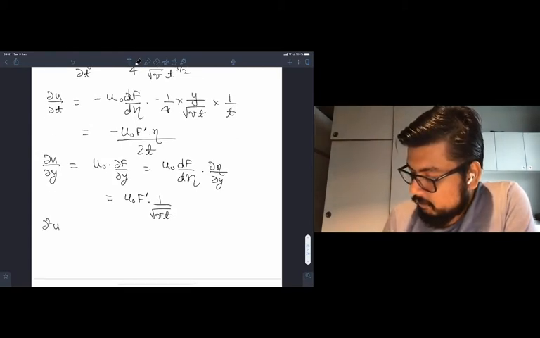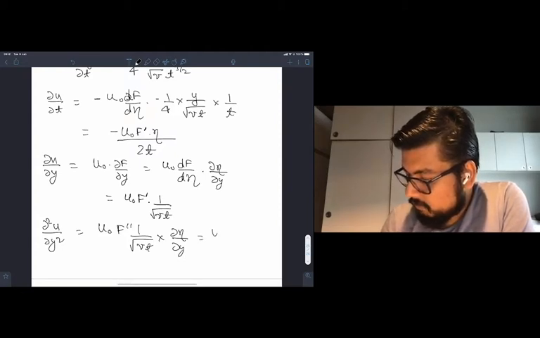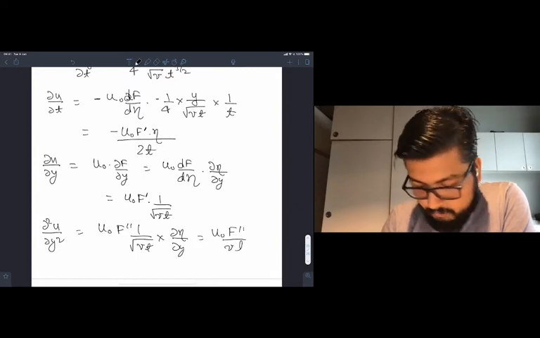So del square u by del y square will be u naught f double prime 1 upon nu t times again del eta by del y, which we know from the previous equation is u naught f double prime upon nu t.